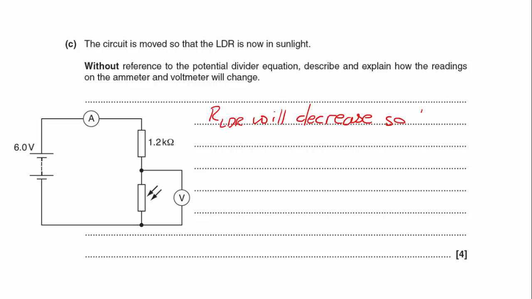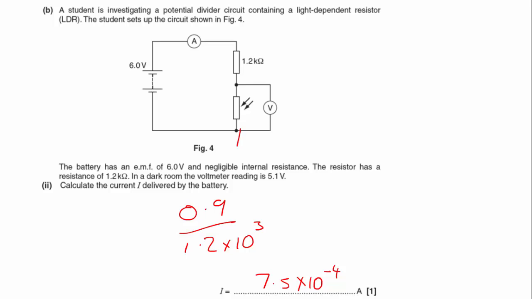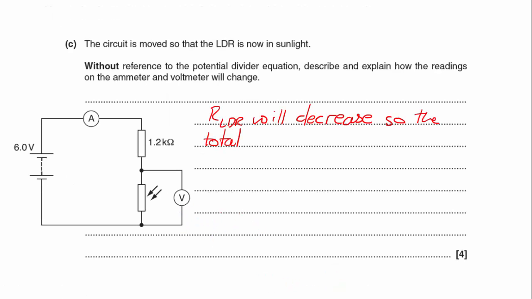So the total resistance decreases, and if the total resistance decreases, the current will increase.